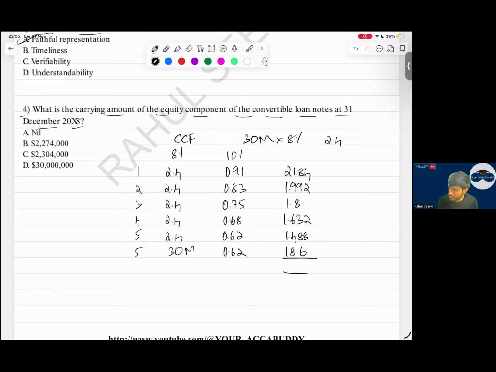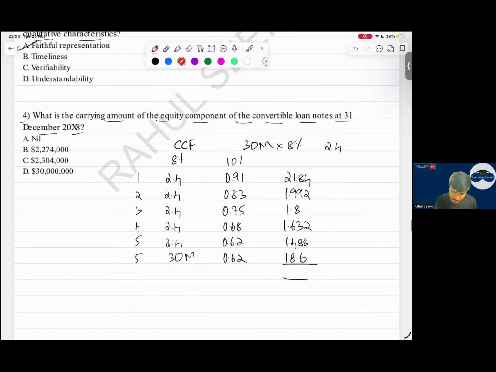18.6. So if we do this total, this value I've written wrong.